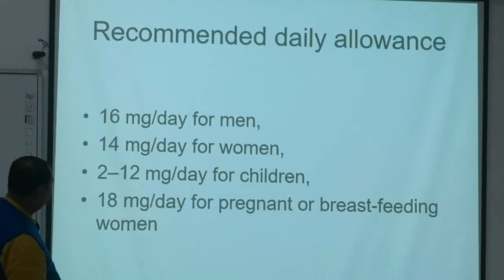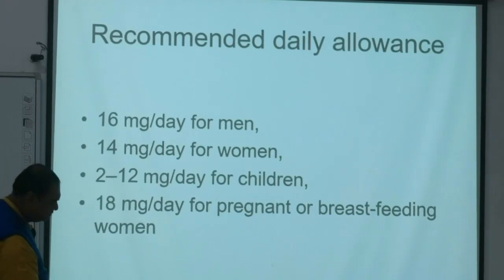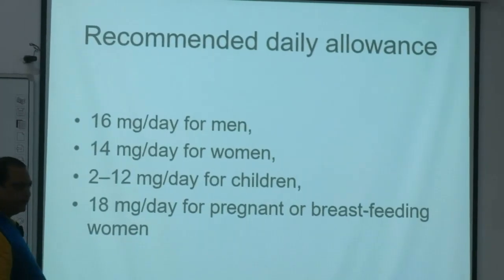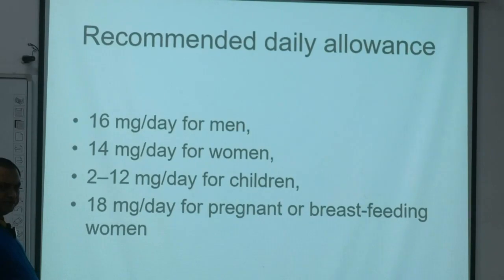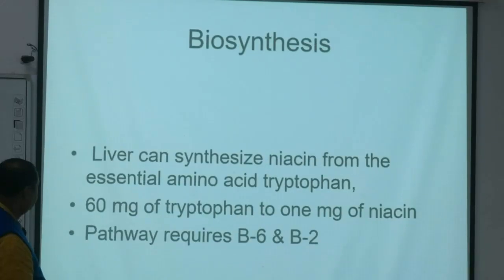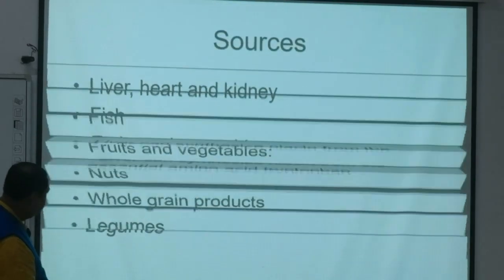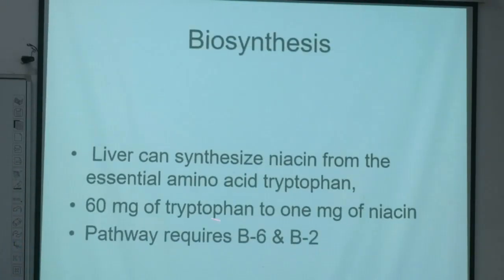Absorption is the same. RDA in milligrams. Write anything in milligrams, 10 to 20. Okay? Biosynthesis only by bacteria, we cannot synthesize. We synthesize this part. See, 60 milligrams of tryptophan.